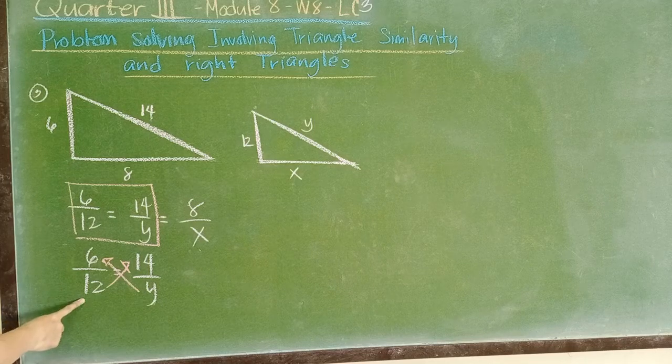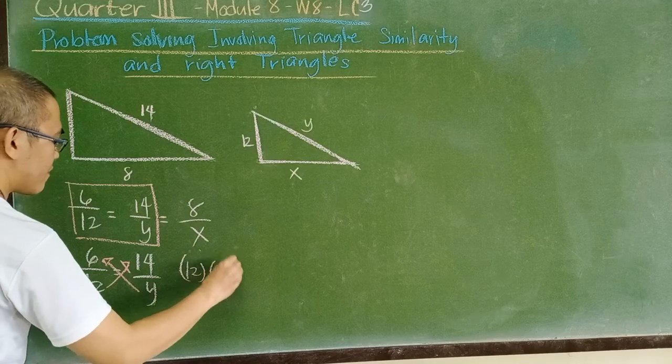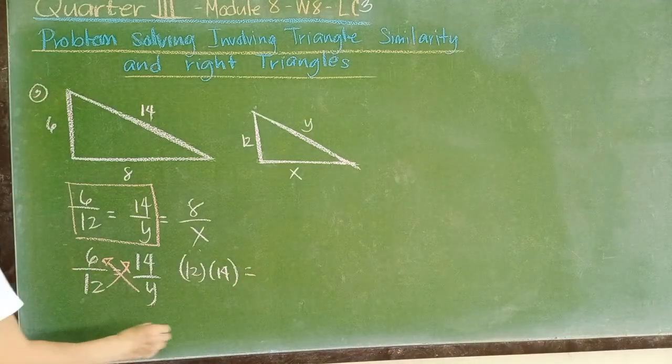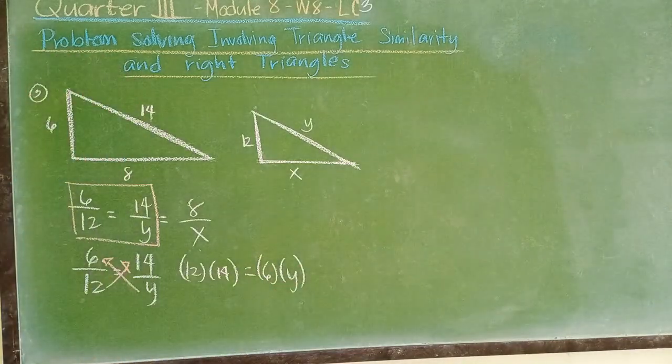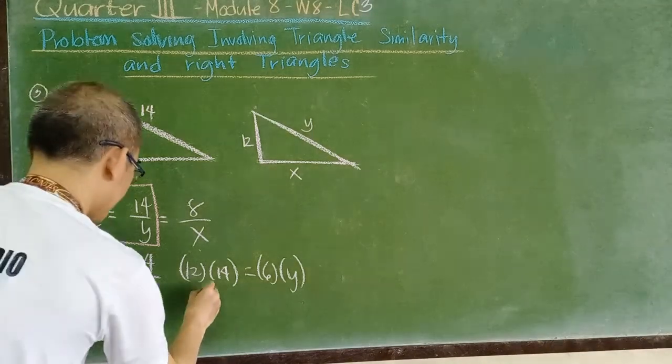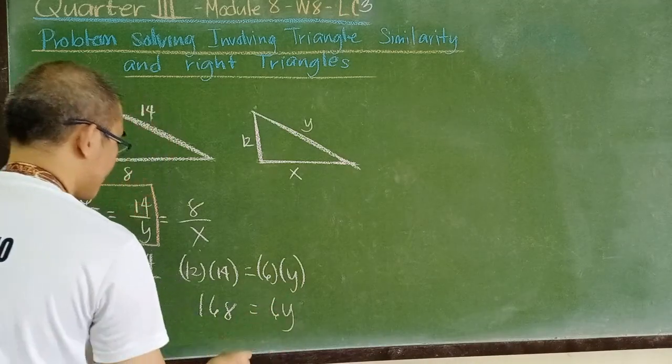So now we have 12 times 14, and then 6 times y. So 12 times 14, that is 168. And then 6 times y is 6y.